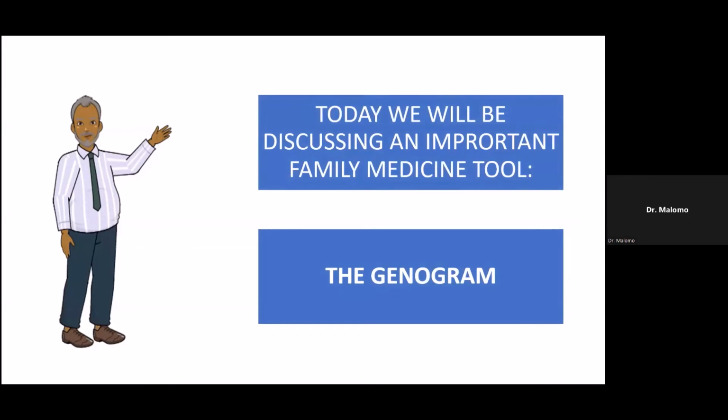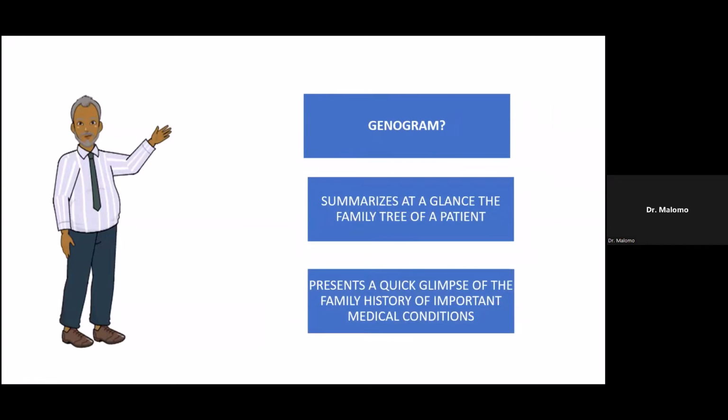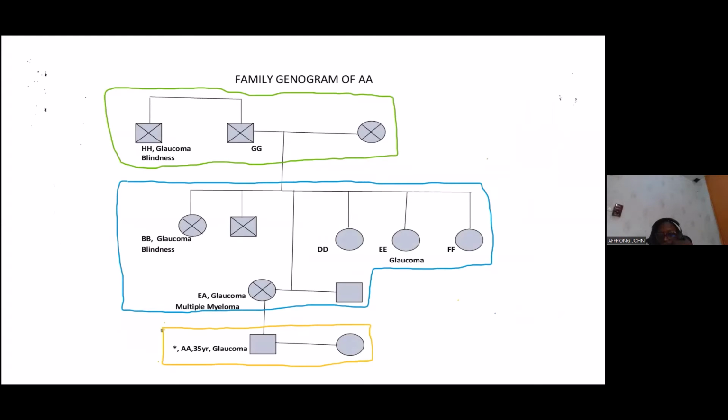Today we will be discussing an important family medicine tool, the Genogram. So what is the Genogram? It's a tool that summarizes at a glance the family tree of a patient, and it gives you a quick glimpse into the family history of important medical conditions.